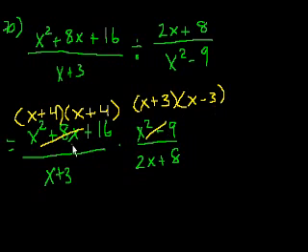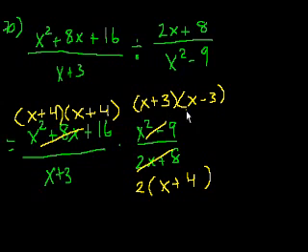Just going with the pattern. We can factor out a 2 here, so we can rewrite this as 2 times x plus 4. We have an x plus 3 there. And when we multiply fractions, we're just multiplying all the numerators over all of the denominators. So you can make this one line. The numerator is x plus 4 times x plus 4 times x plus 3 times x minus 3, all of that over x plus 3 times 2 times x plus 4.